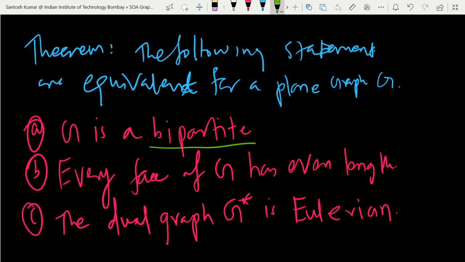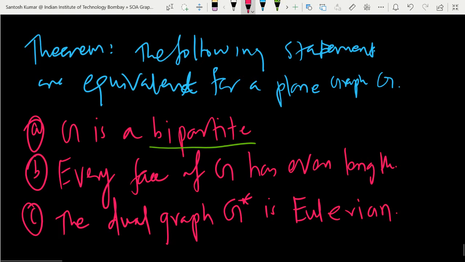So the first statement is that G is a bipartite graph. Then every face of G has even length. Face you know already. And the third is that the dual graph G star is Eulerian.